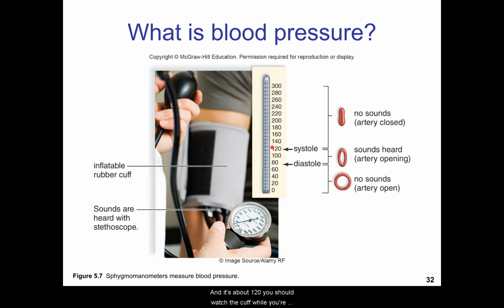It's about 120. You should watch the cuff while you're listening to the sounds, and you start to hear sounds. That's the systolic or systole phase. And when sounds go away, the artery is all the way open. That is diastole or diastolic pressure. You'll be able to hear that the sounds have gone away, and you can mark your location on your blood pressure cuff, or just write down what your systolic and diastolic pressures are.